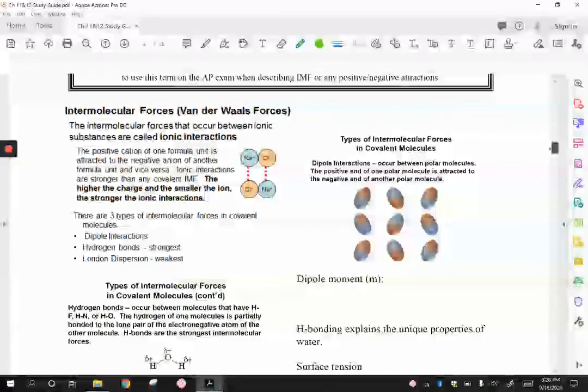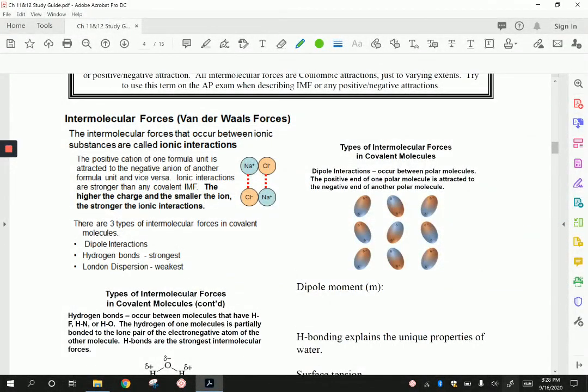Okay, so let's talk about these four intermolecular forces in a little bit more detail. So the first one is ionic interactions, and ionic interactions are the strongest of the intermolecular forces. And from their name, they occur between ionic substances. So if I have one formula unit of NaCl and another formula unit of NaCl here, because I have these full positives and negatives, one ion from one formula unit is attracted to the other ion from another formula unit.